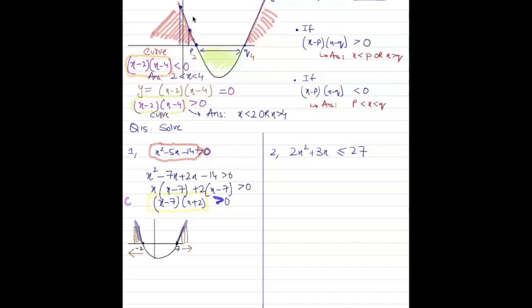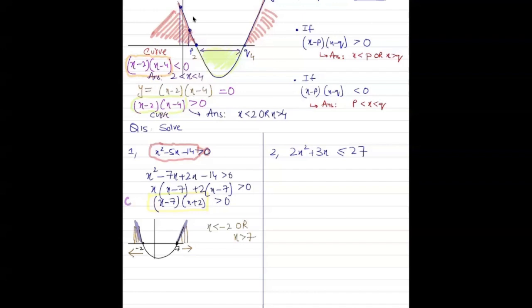You want the curve to be positive, meaning greater than 0, so the solution is x less than -2 or x greater than 7. Does that make sense to you?